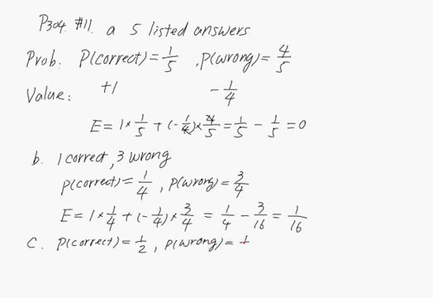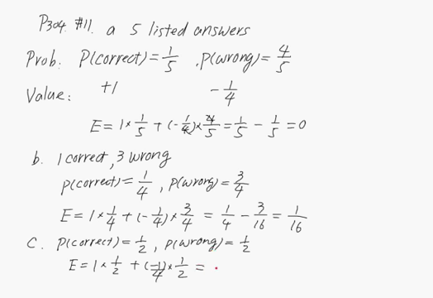Then the expected value, this time, is 1 times 1/2 plus negative 1 over 4 times 1/2.